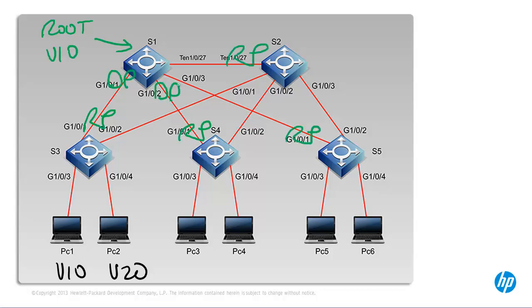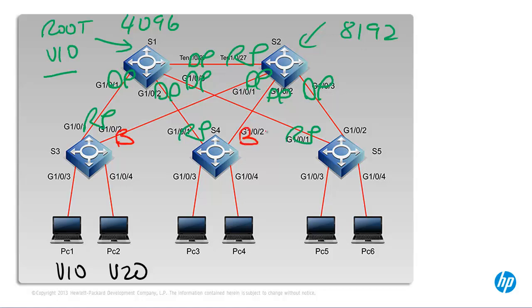We would have our designated ports on each segment. And once again, you would make this switch have a priority of 4096 and this switch a priority of 8192 on VLAN 10. All other ports would go blocking. So this port would be blocking, this port would be blocking, and this port would be blocking. So that would be the topology for VLAN 10.